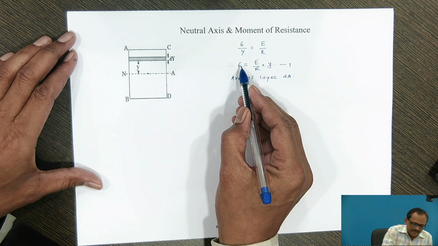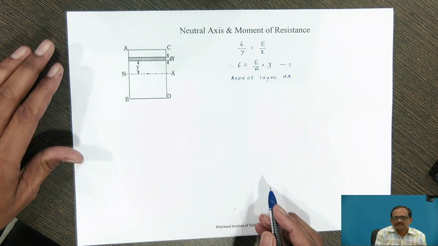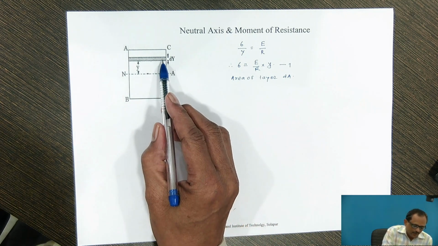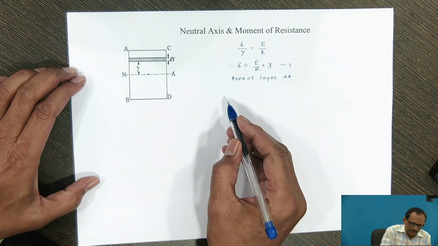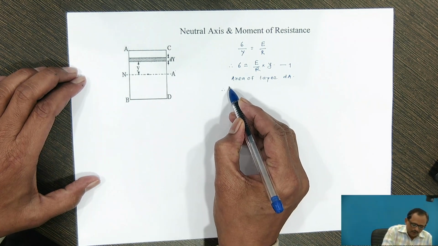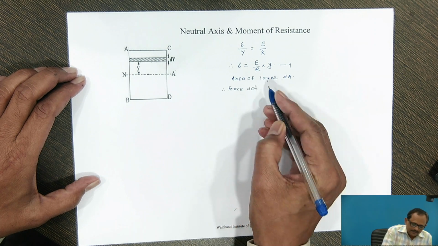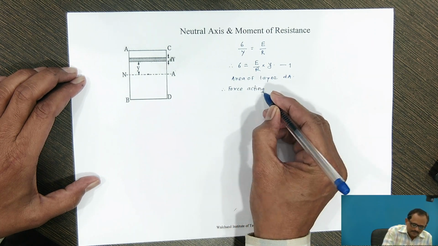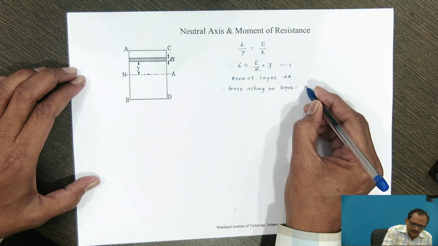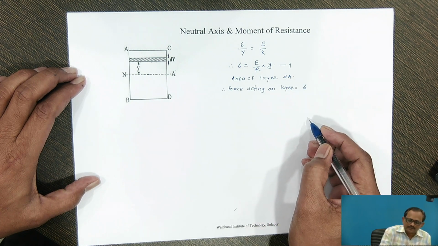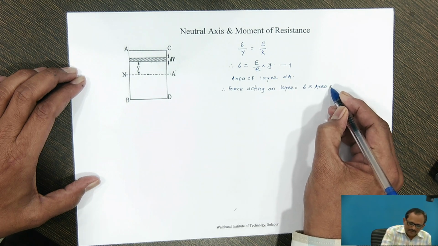As this bending stress is acting on this particular layer, there will be some force acting on it, and therefore we can determine the force acting on the layer, which is equal to the product of the stress acting on that layer multiplied by the area of that layer.